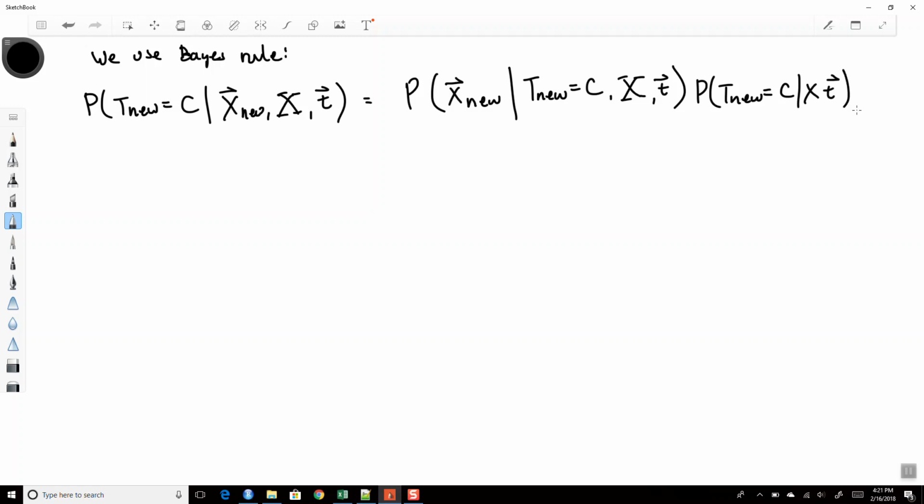Okay, good. And then we divide this by the probability of x new given x and T.